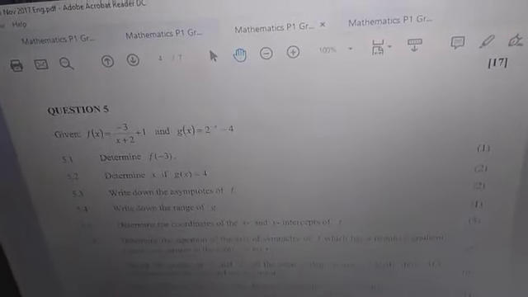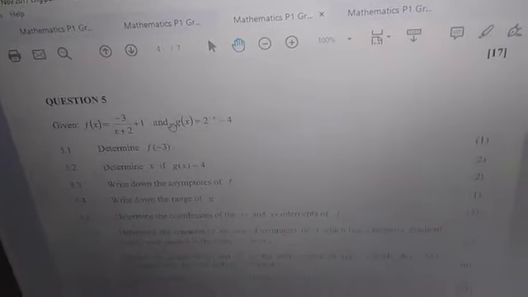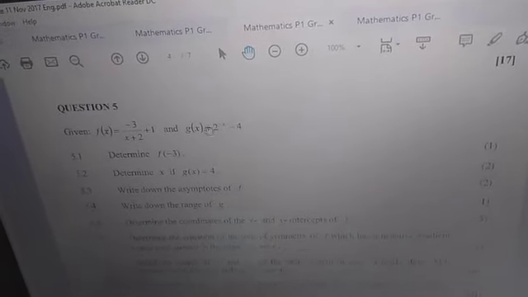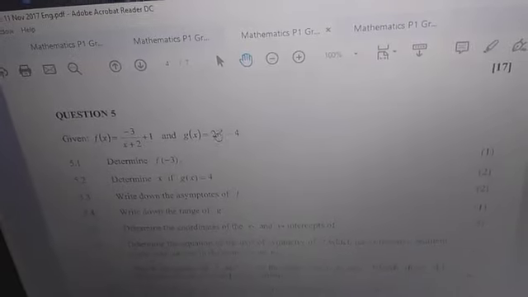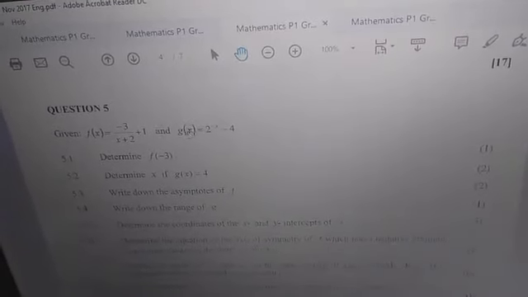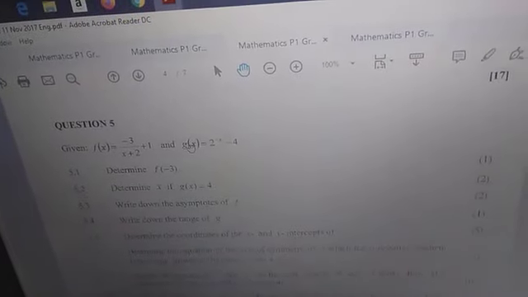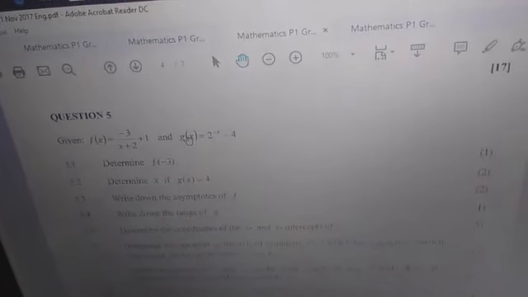So for the x-intercept, we're going to push this guy to the side, and we'll have 4 equals 2 to the power negative x. We can write 4 in the form of exponents, so it's going to be 2 to the power 2.